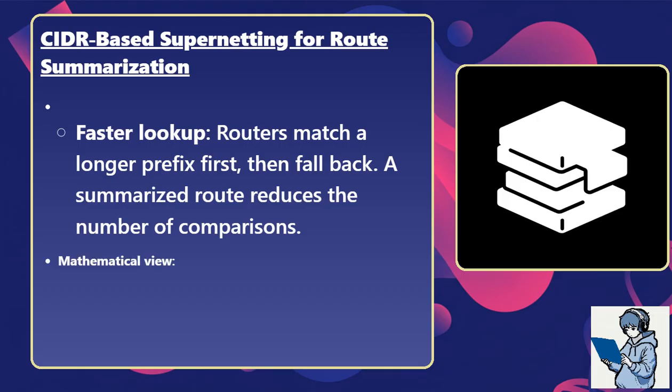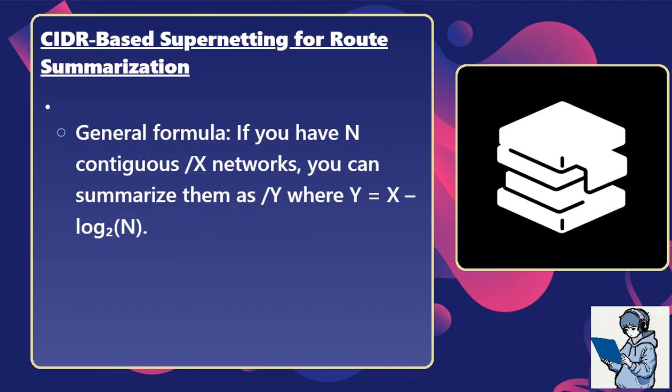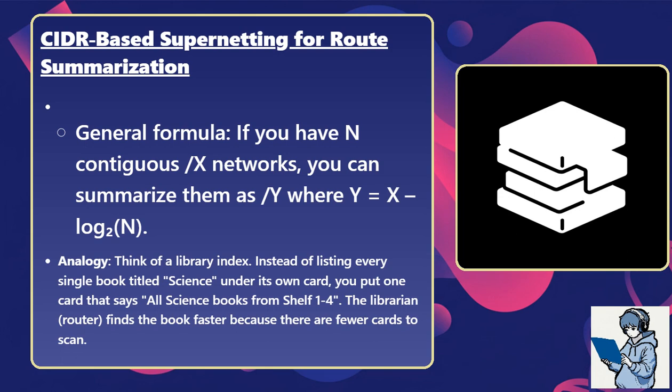Mathematical view. Number of /24 networks inside a /22 equals 2 to the power of 24 minus 22, which is 2 squared equals 4. General formula: if you have n contiguous /x networks, you can summarize them as /y, where y equals x minus log base 2 of n. Analogy: think of a library index.